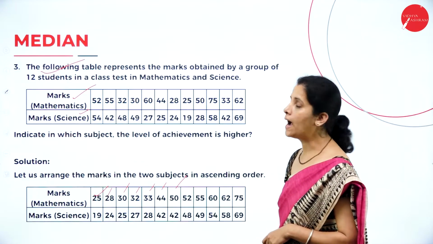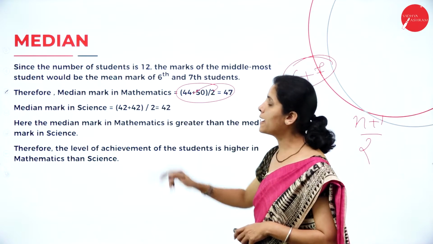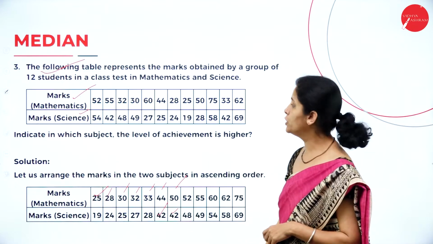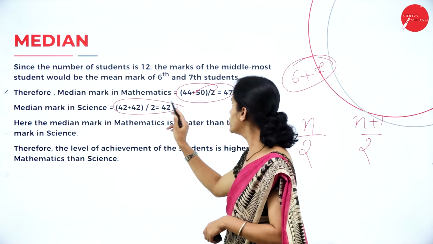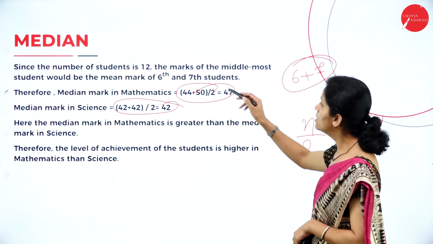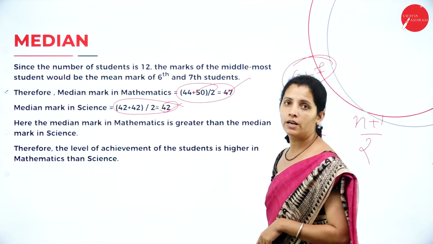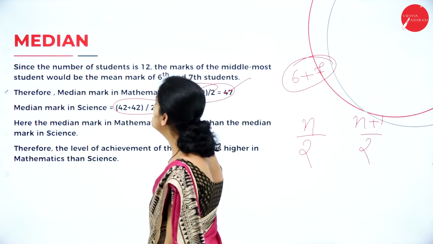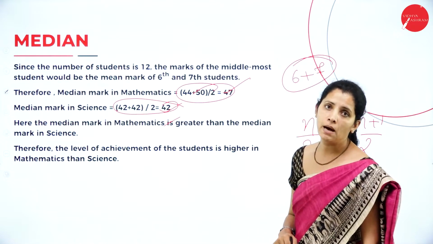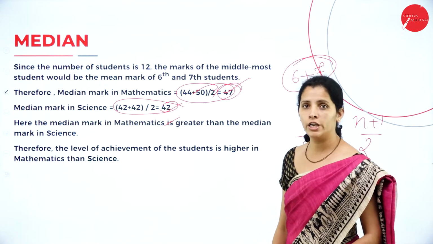So 44 and 50, this is for mathematics. And if I consider science, 42 and 42. When I average those values, for maths it's 47 and for science 42. So here the median marks in mathematics is greater than the median marks in science. That means 47 is greater than 42.